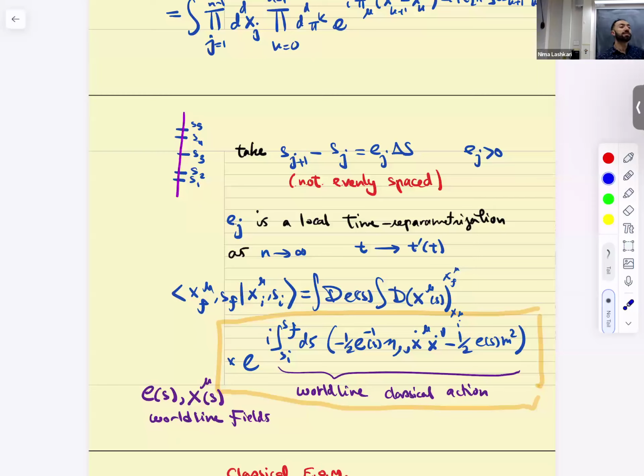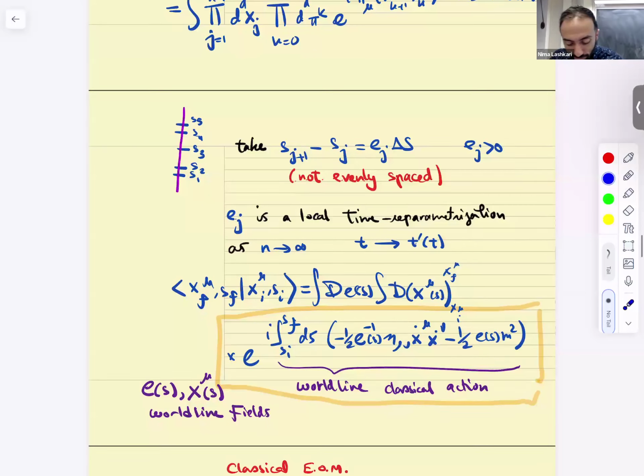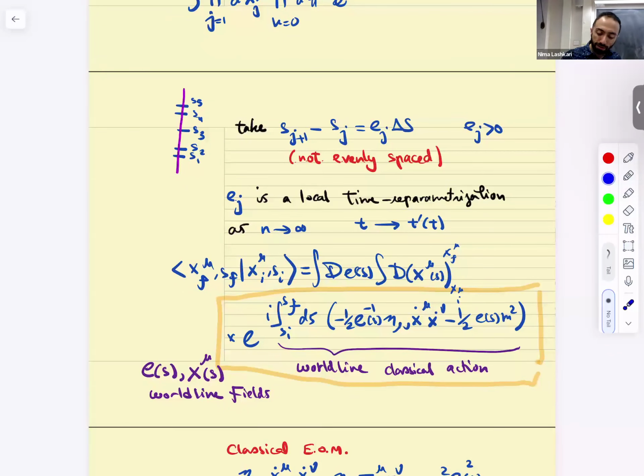And reparameterization. In this case, I took it to be 0 plus 1 dimensional, and the reparameterizations of those are not very physical. So I ended up with e of s, a degree of freedom field that keeps track of those reparameterizations, and x^mu of s, which is my dynamical field.